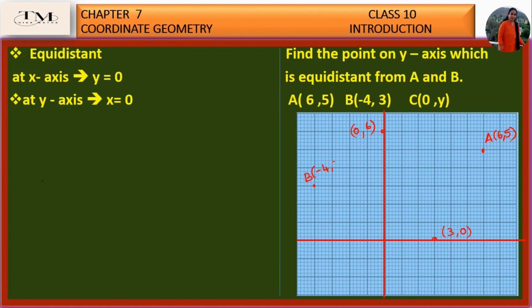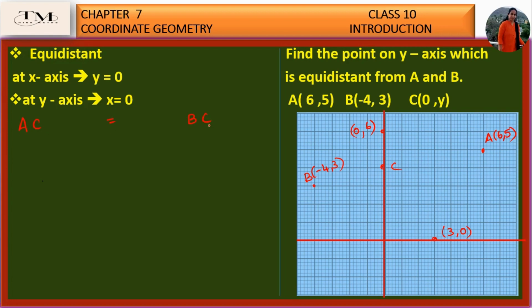B is (-4, 3). Suppose there is a point on the y-axis such that it is equidistant from A and B. Suppose there is a point C. So the distances AC and BC are equal. So what condition do we have? AC is equal to BC.